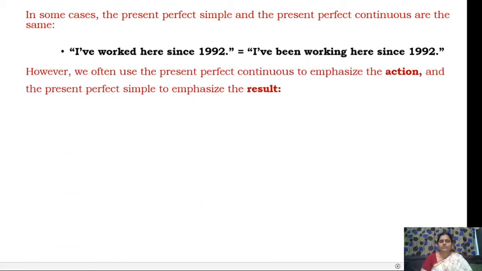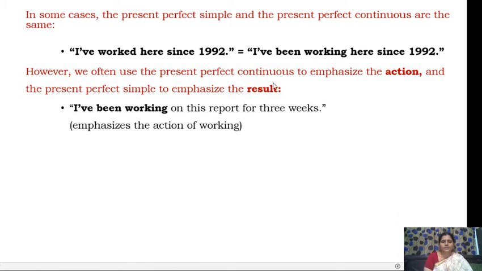However, we often use the present perfect continuous to emphasize the action and the present perfect simple to emphasize the result. Let us take this example. I've been working on this report for 3 weeks. That means we are emphasizing the action of working.